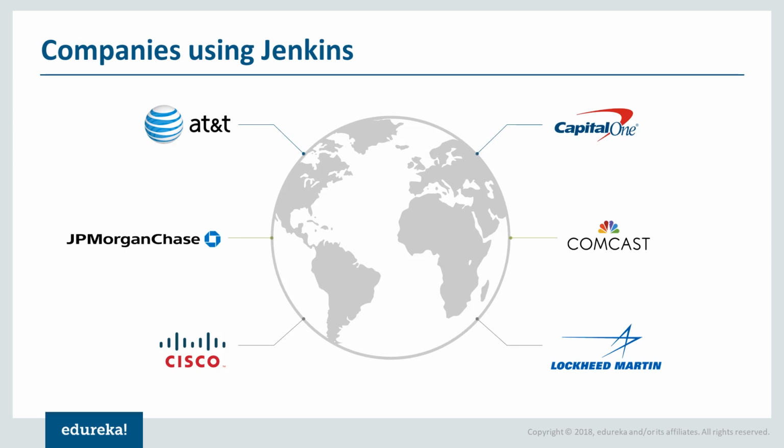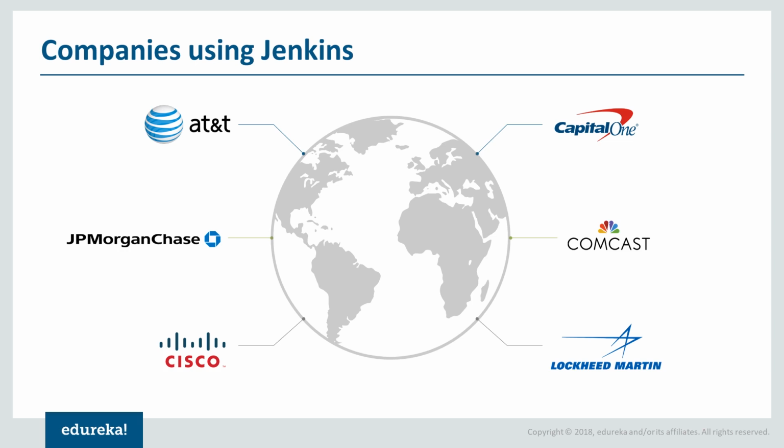Now, some of the examples of the companies which are using Jenkins at the moment, these should be some of the familiar names for you. So you have Capital One, you have Comcast, you have Lockheed Martin, you have Cisco, JP Morgan, AT&T. So these are some of the big names. But if I tell you, virtually every company who is doing software delivery is using Jenkins in some or the other way.